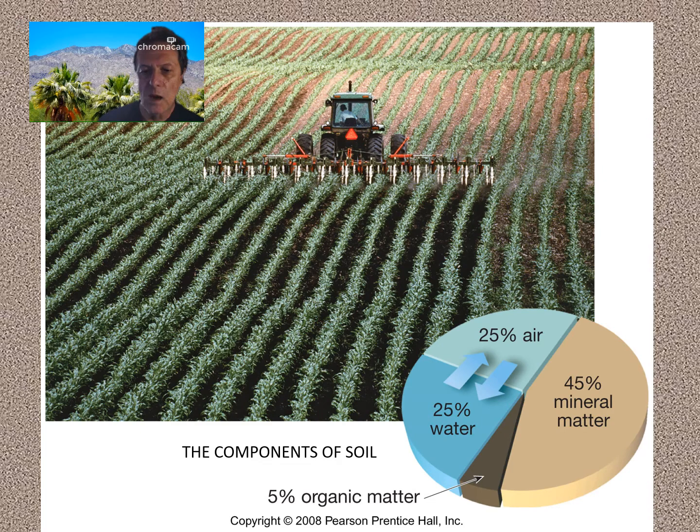A good agricultural soil will have some amount of void space that's occupied by air so that gases can be exchanged freely, which carry nutrients back and forth from water to air and vice versa. Organic matter gives it the ability to absorb water and also contains important nutrients.